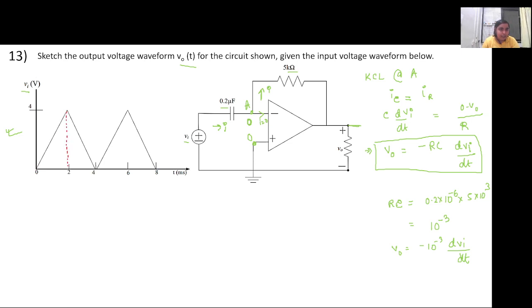First we will write the equation from 0 to 2, then it will be 2 to 4, and this particular periodic fashion will continue. So for Vi, we will write the condition from 0 to 2 and 2 to 4.